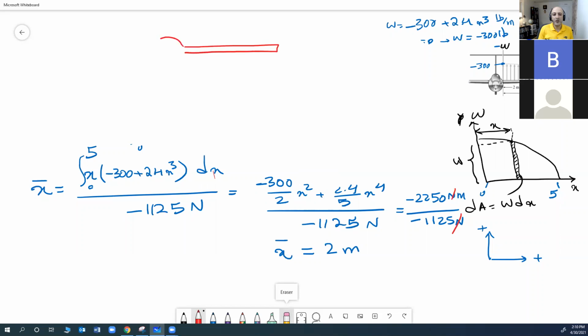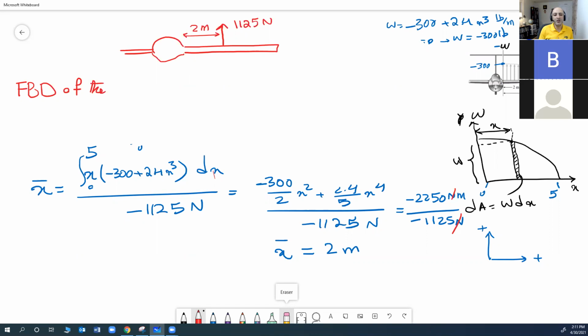is this airplane wing, whatever. Now what I have is this force of 1125 newtons at a distance of 2 meters. That's what I figured so far. I've simplified it. To do the support reaction, I need to draw a free body diagram of the wing.